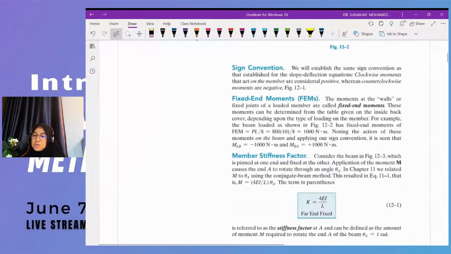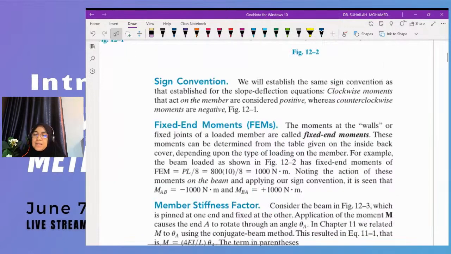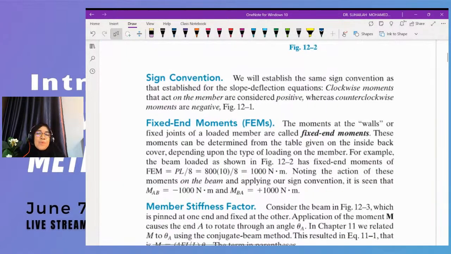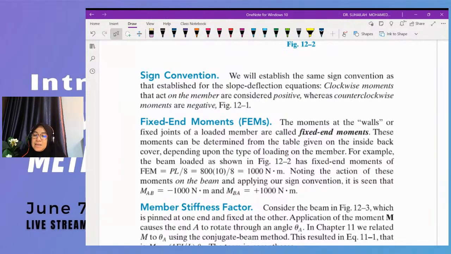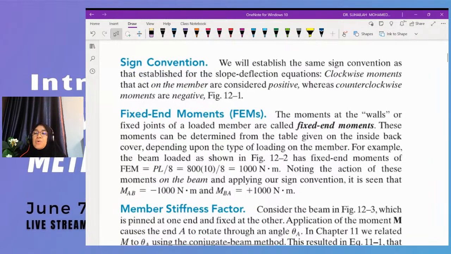So let's look at the important terms that you need to understand before we can start analyzing the beam and the frame. Number one is sign convention. Under the moment distribution method, we have to set the sign convention in our mind.